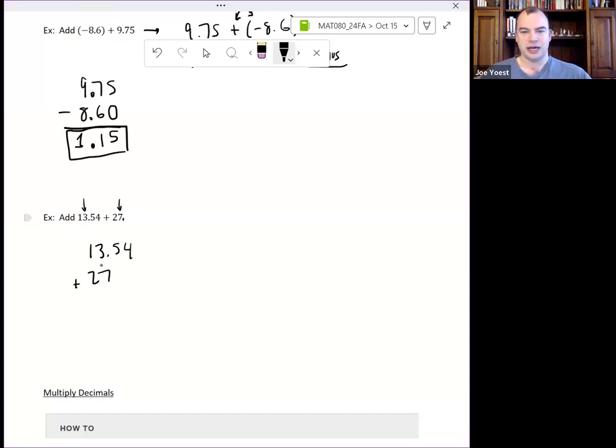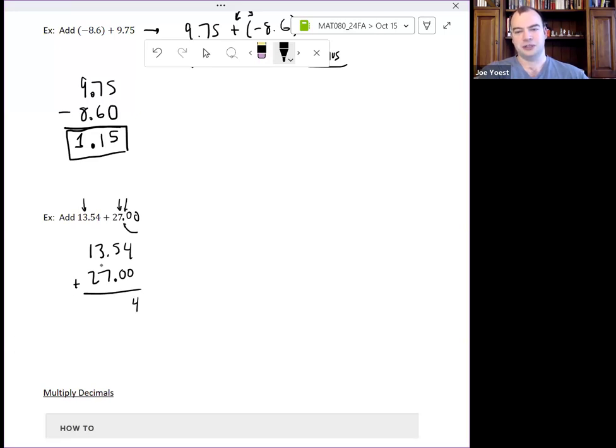But I know that 27 has 0/10ths and 0/100ths. So that's really just 27.00. So I can append zeros to the right, but I have to make sure they're to the right of the decimal point. And if I don't see a decimal point, I can put it in to the right of the ones place. So 27 and 0/10ths and 0/100ths.